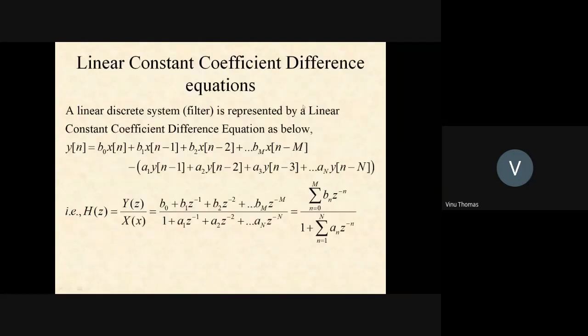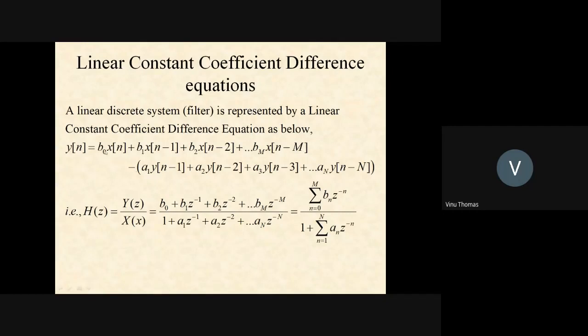So as we have seen, the output of a linear time invariant system, y of n, is a function of the present and past inputs, and it can also be a function of past outputs.